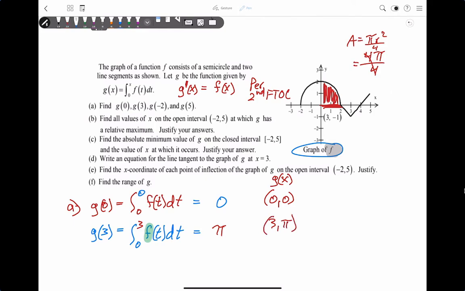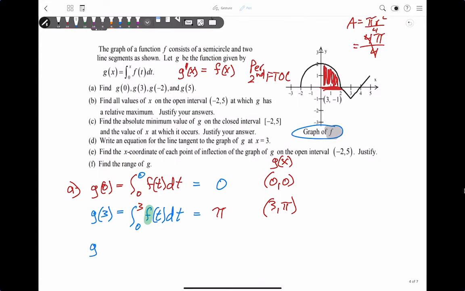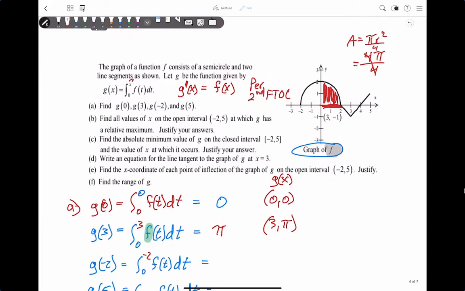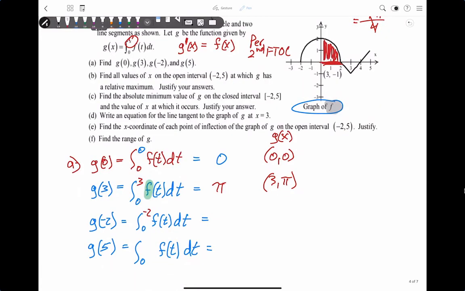We have g of negative 2, and we have g of 5. Okay, let's look at this negative 2 piece. I'm saying from 0 on f, let me write this one out, I'm going to plug in these x values of negative 2, remember, that's where the x is at here, and 5.